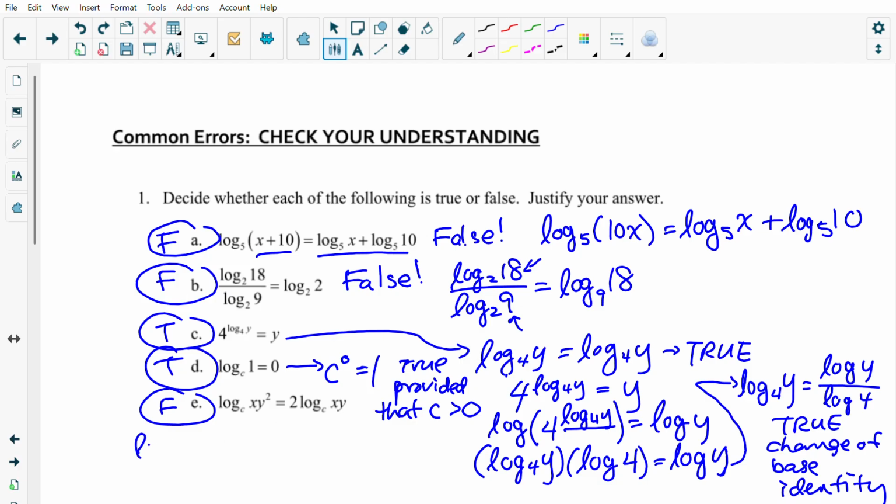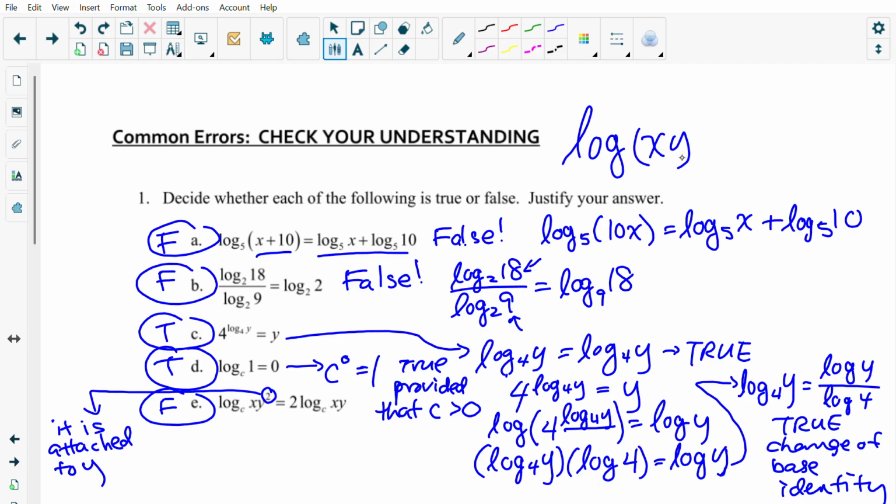If I rewrite this, folks, this exponent 2 is attached to y, not xy. So think about this. I'll write this nice and big. If I do this, this does not equal this, folks. Be careful. For obvious reasons, right? I have brackets here.